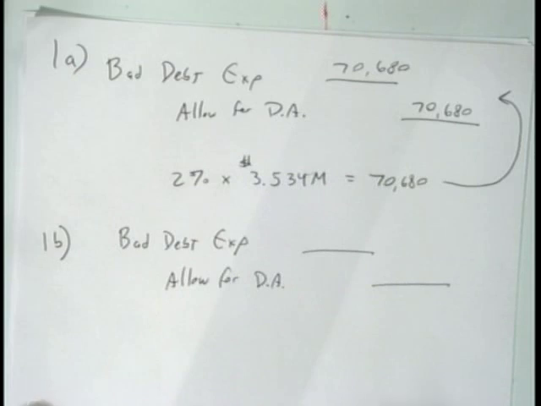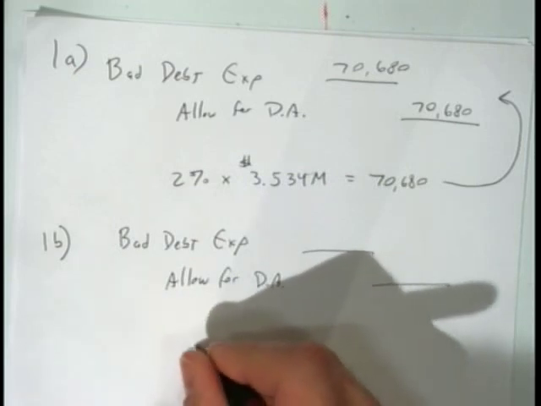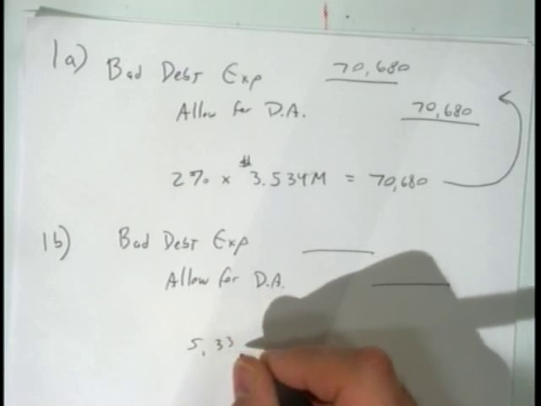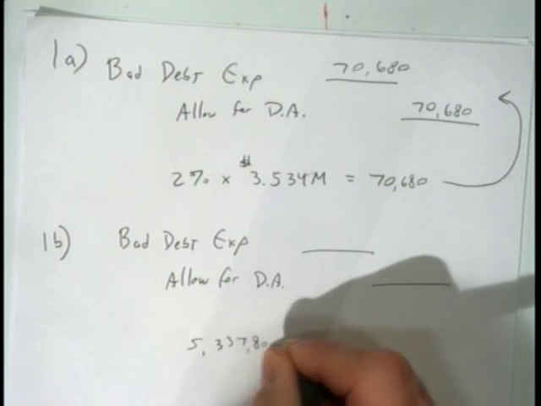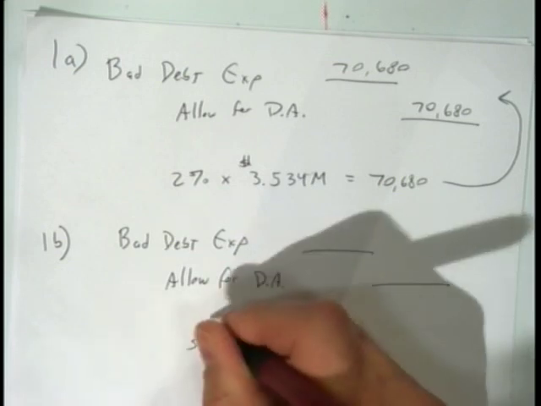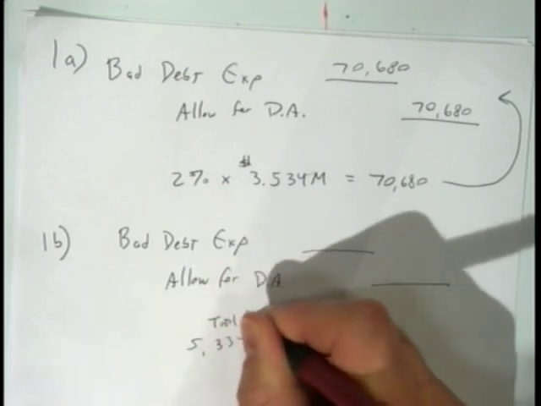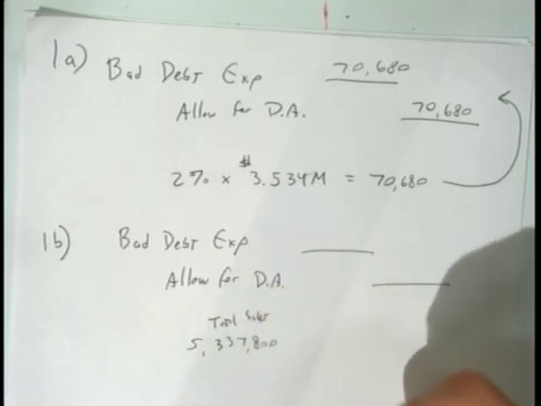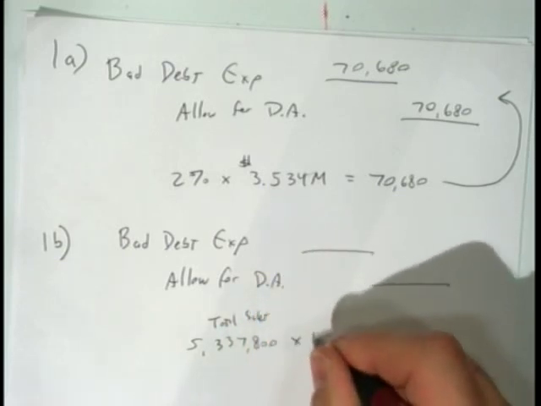Anybody add that up? Is it 5,337,800? Okay, 5,337,800 is total sales. It's just those two numbers, cash sales and credit sales, added. Then we take that times 1%.